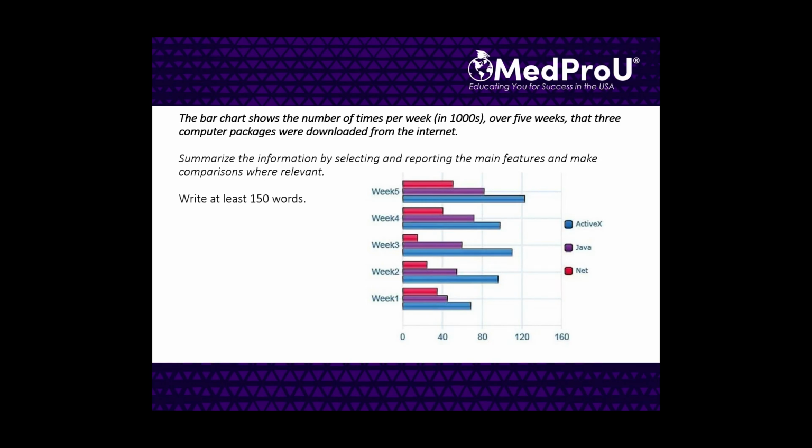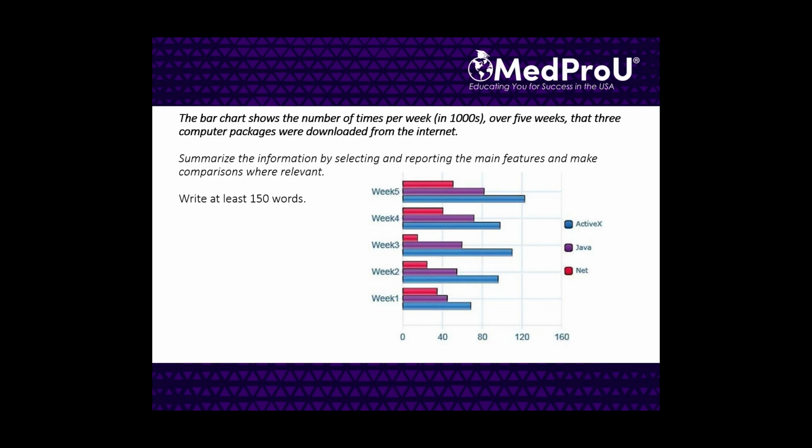The bar chart displays weekly downloads of three computer packages in thousands in a span of 5 weeks. Make sure that you don't change the meaning. So computer packages must be together, Ruth, and then in thousands is after packages.